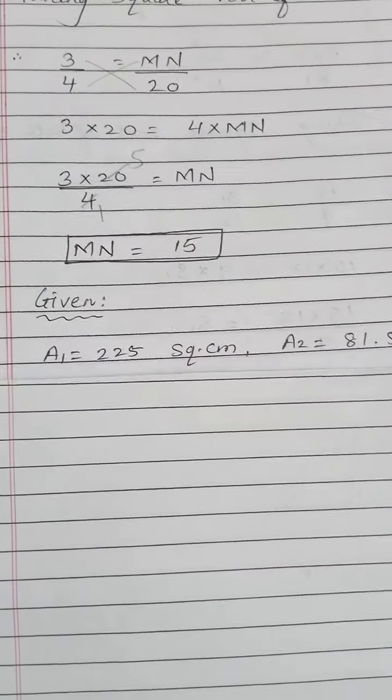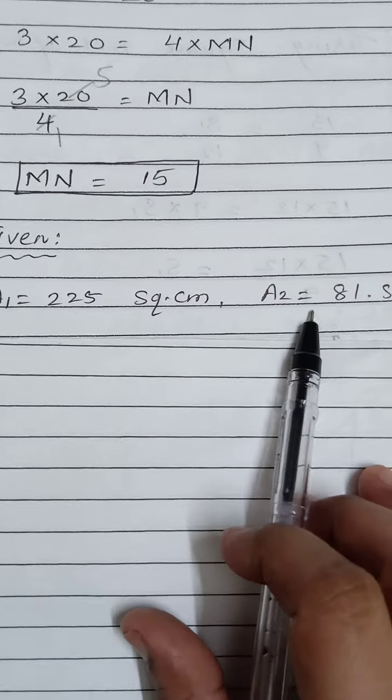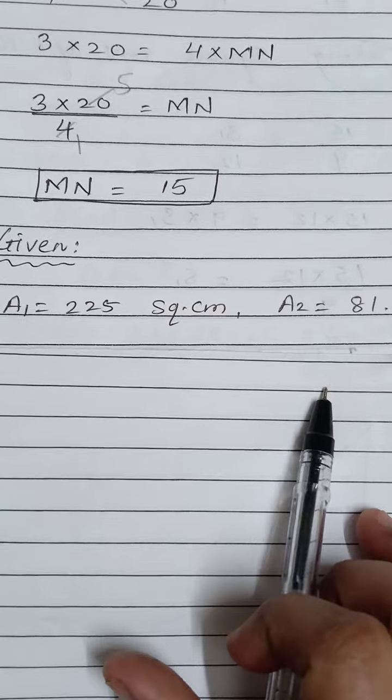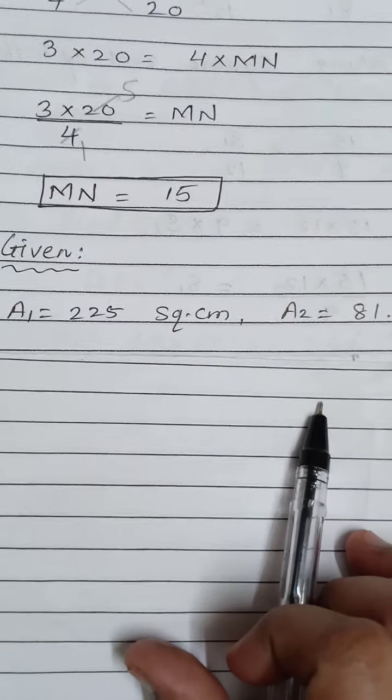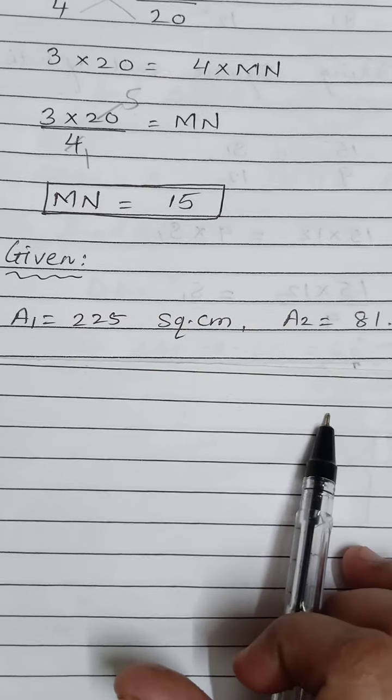If a side of the smaller triangle is given, that means we know the corresponding side of the smaller triangle. The smaller triangle is the second one, so the corresponding side will be S2, and the value of this smaller triangle's side is given to us. So the value of S2 is 12.